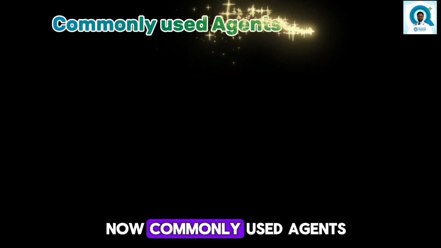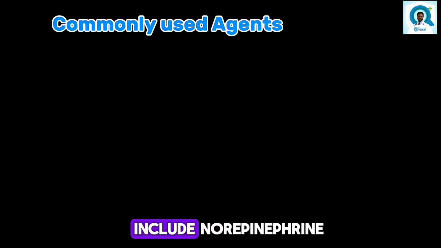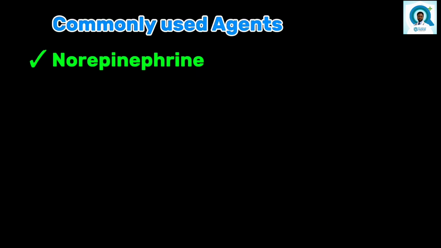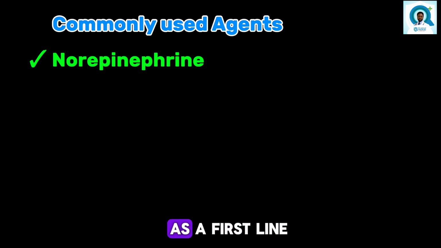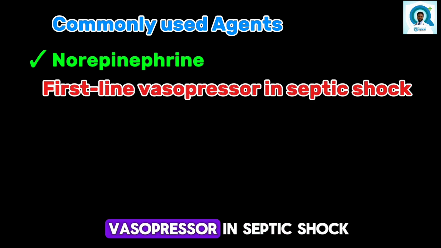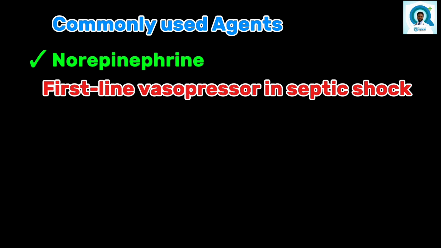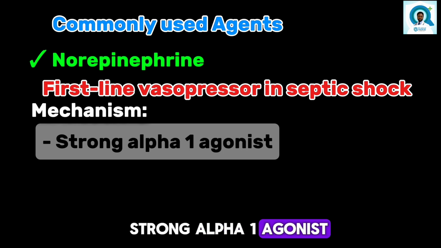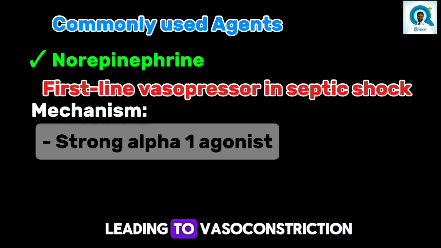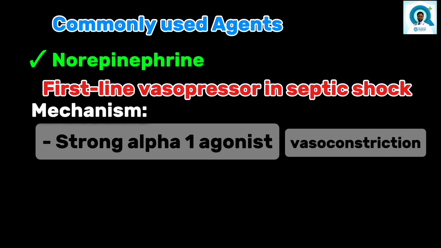Now, commonly used agents include norepinephrine. Norepinephrine is used as a first-line vasopressor in septic shock. It acts as a strong alpha-1 agonist, leading to vasoconstriction.